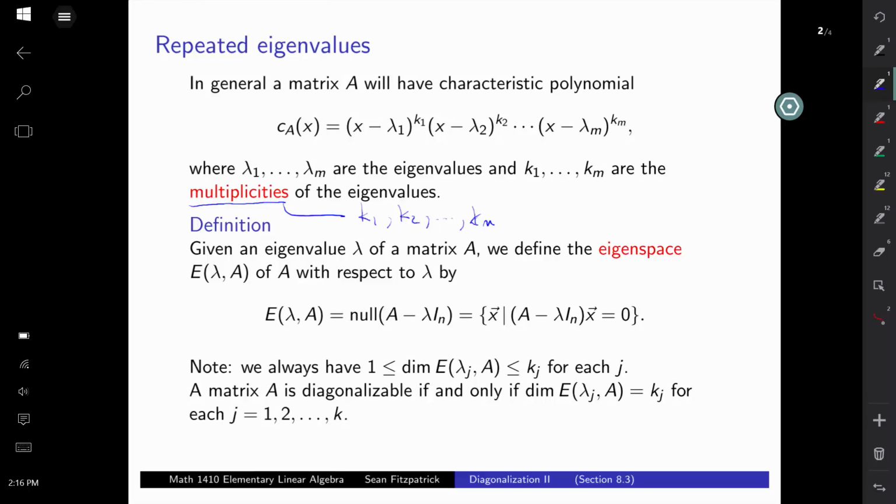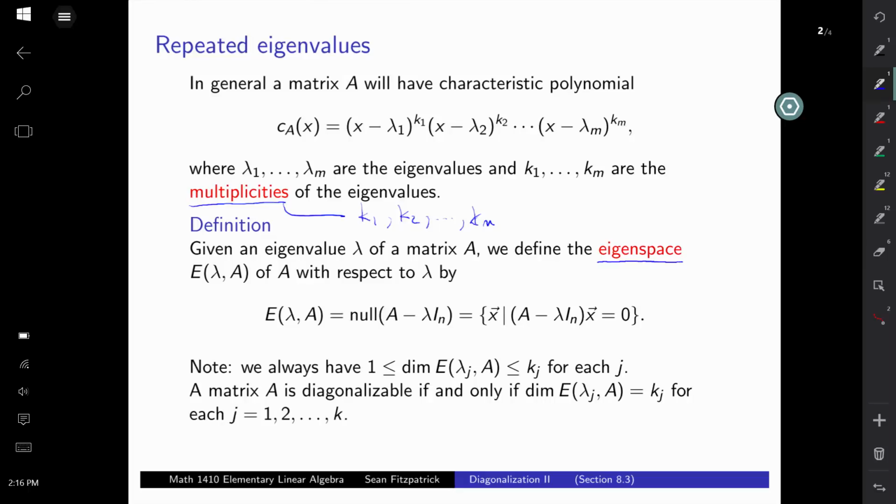The language that we'll use here sounds fancy, but it's a fairly basic thing. We talk about the eigenspace of an eigenvalue. The eigenspace is basically the set of all possible eigenvectors. We want this to be a subspace, so we throw 0 in. 0 is not an eigenvector, but we need it to be in the subspace.